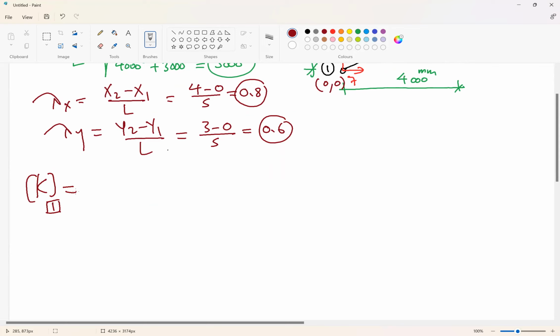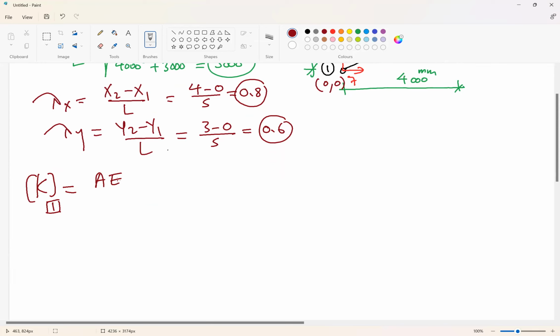So K for member 1 will be A times E over L. I will leave A times E as constant without substituting in it because it is all similar.